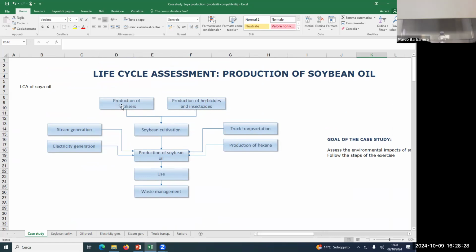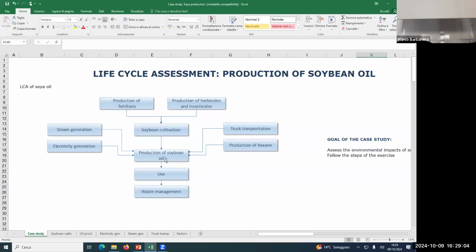So for us, in this case, these two first unit processes are related to the production of the materials. Then the following unit process is the soybean cultivation process. The following step is the production of soybean oil. The following step is the use phase, and finally you have the waste management step.